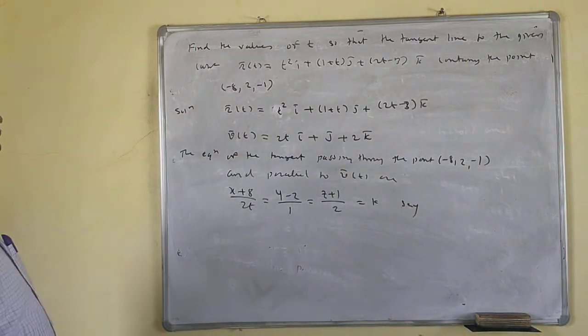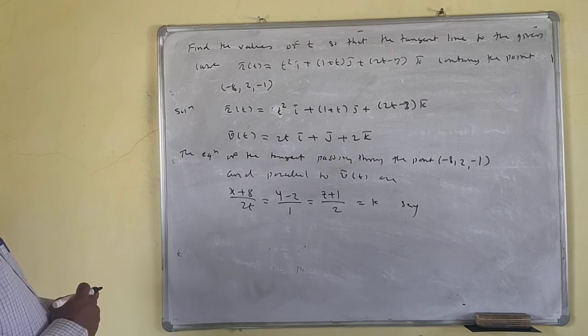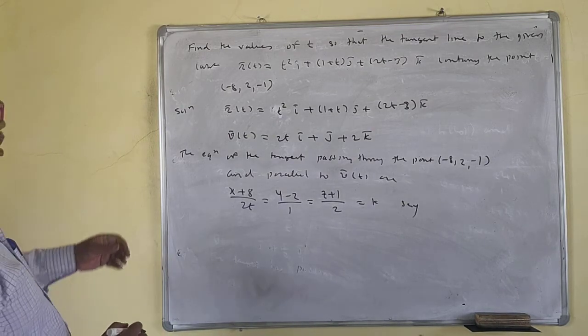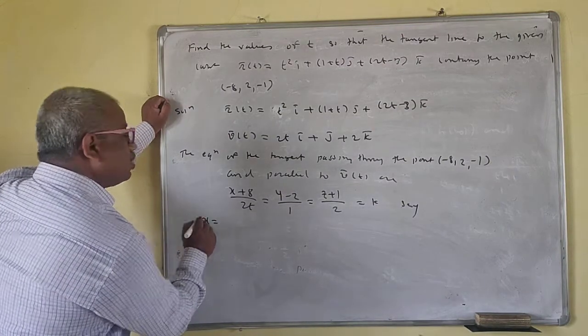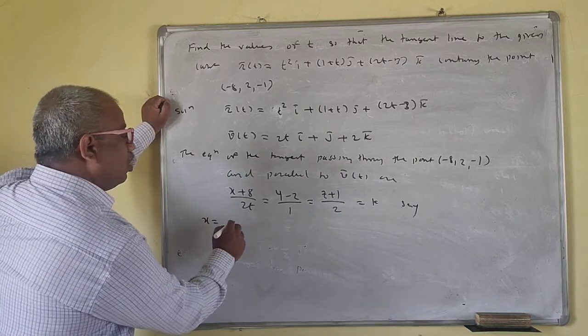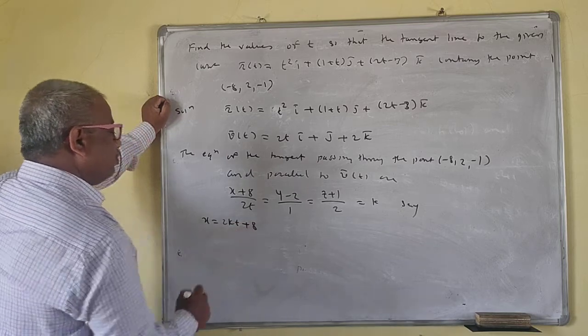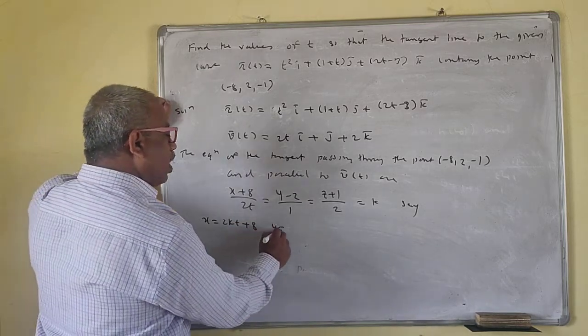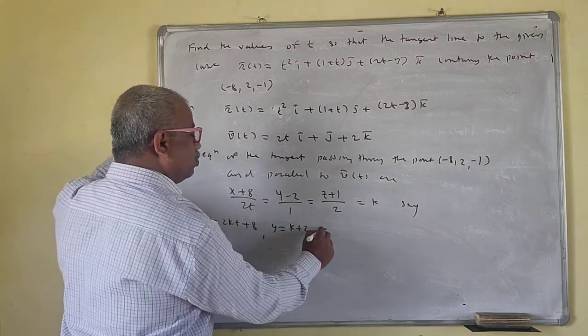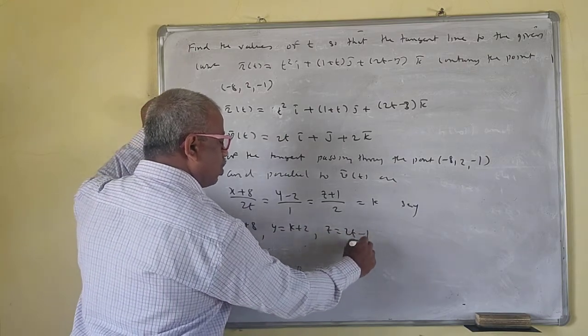You have to find the values of t now. Okay, so x is equal to 2kt minus 8, y is equal to k plus 2 and z is equal to 2k minus 1.